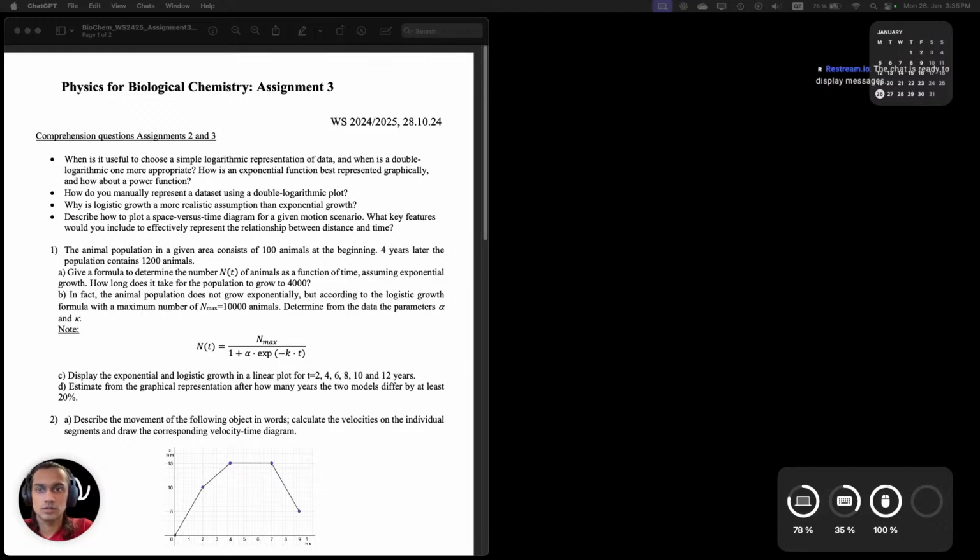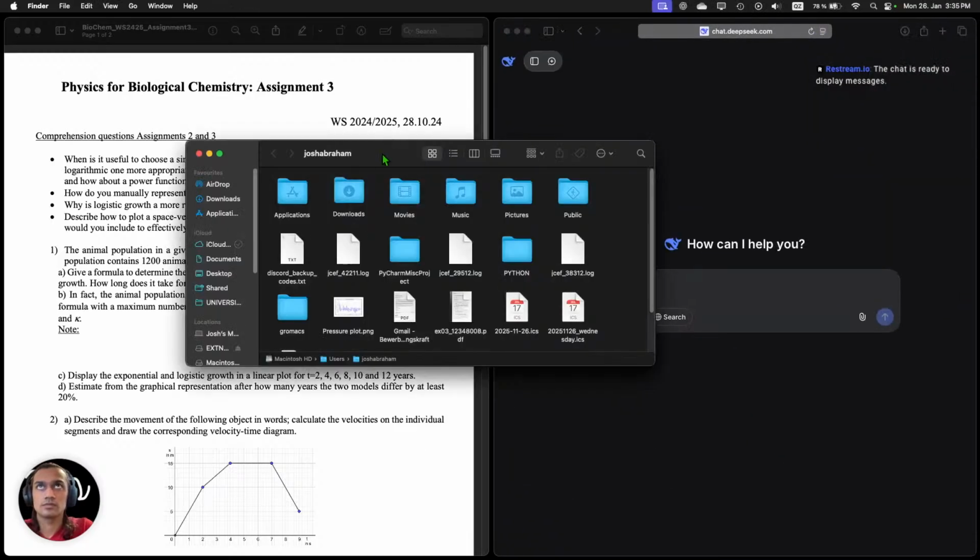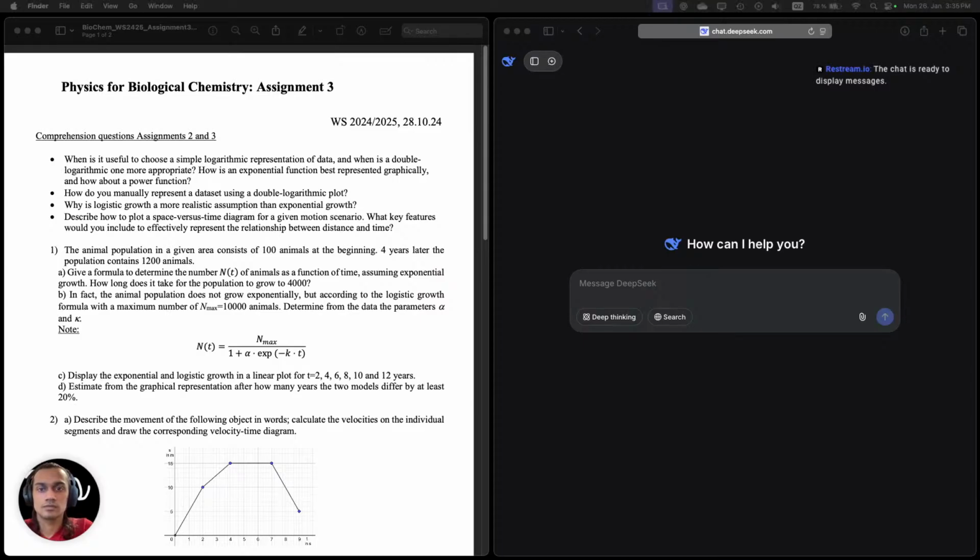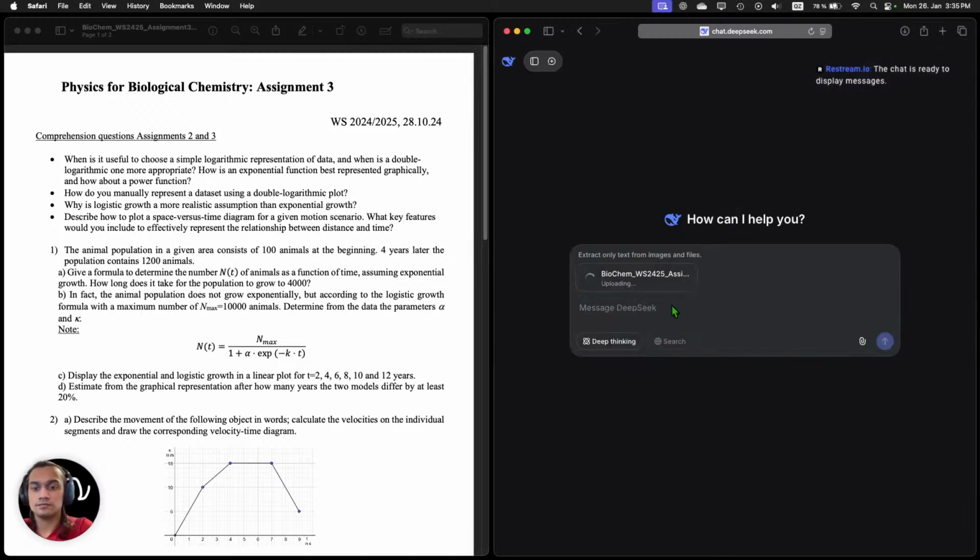How is DeepSeek at mathematical work? Equations.